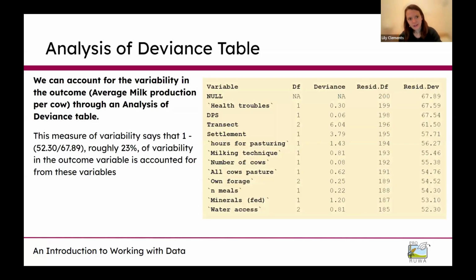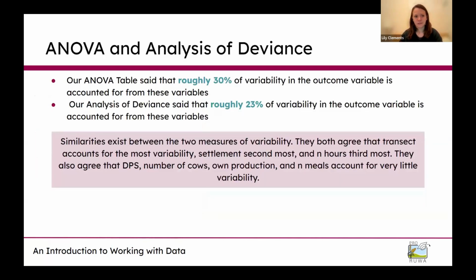Now, this measure of variability says that roughly 23% of variability in the outcome variable is accounted for by these variables. So we've got these ANOVAs and this analysis of deviance. Our ANOVA said roughly 30% of variability is accounted for by these variables. Our analysis of deviance said that the model with these variables in it accounts for roughly 23%.